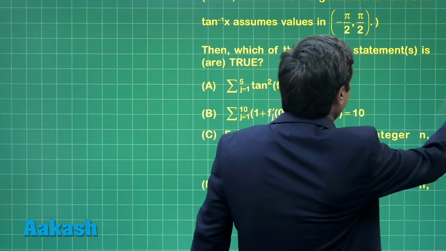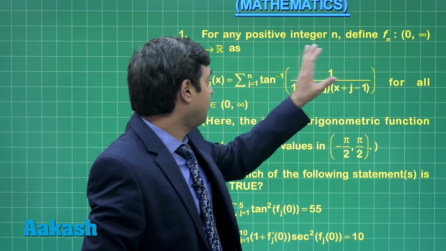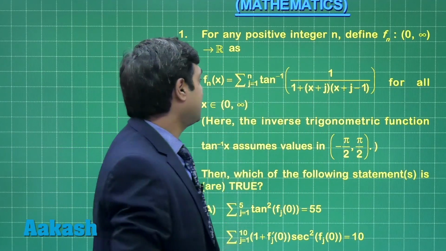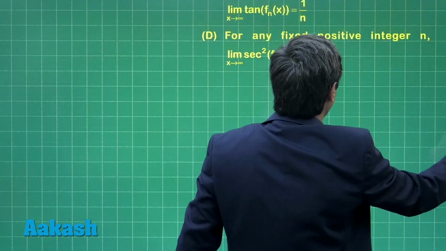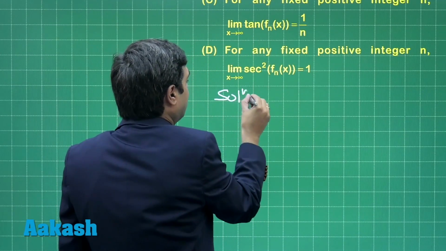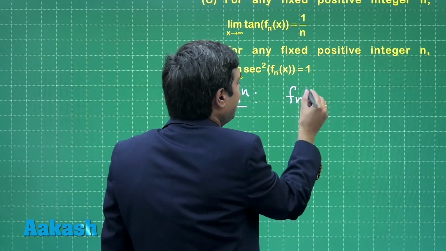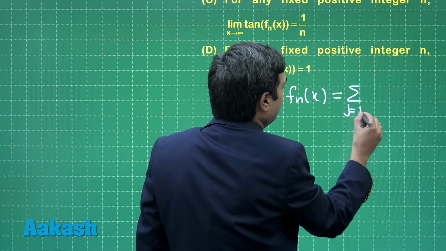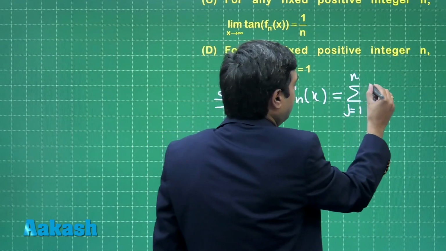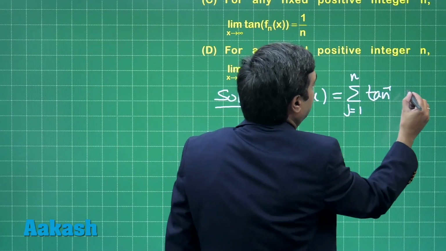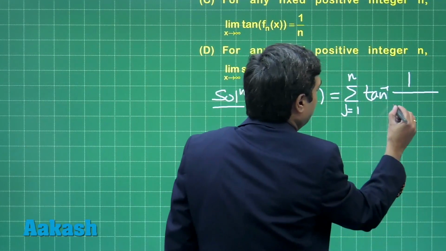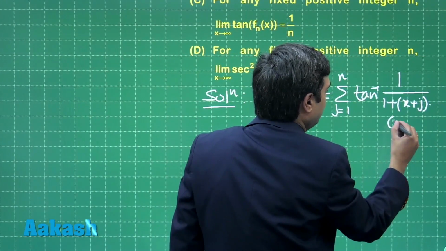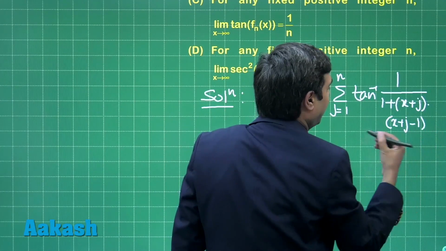So first, what we need for this question, we need to simplify this term, summation tan inverse 1 upon 1 plus (x plus j) into (x plus j minus 1). So let's simplify this function. Fn(x) equals summation j equals 1 to n tan inverse 1 upon 1 plus (x plus j) into (x plus j minus 1).